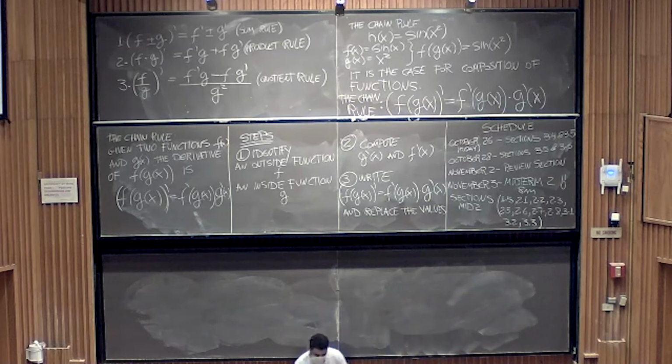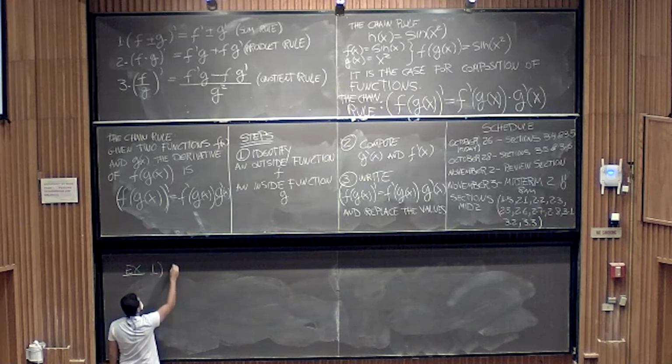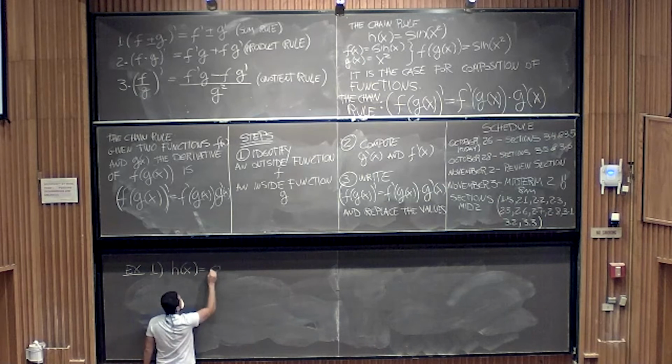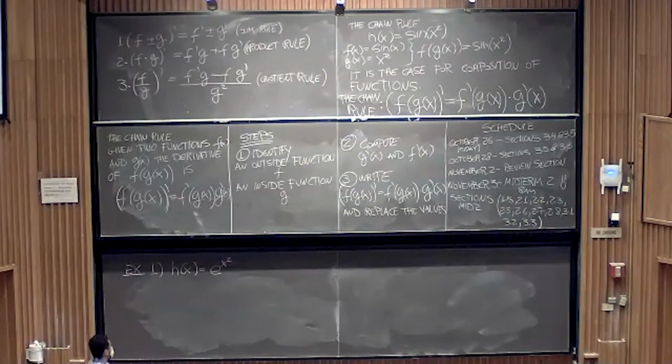Okay, example number one. If I have a function, let's go again, h of x equals e to the power x squared. So again, we know it's not a quotient, it's not a product rule.